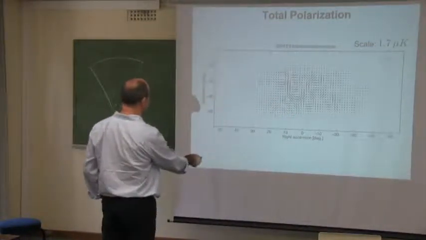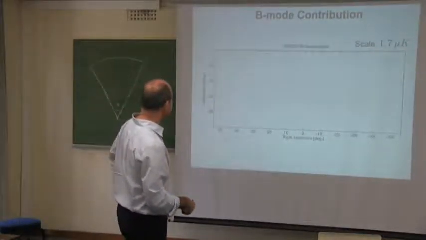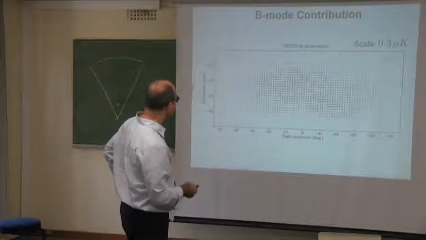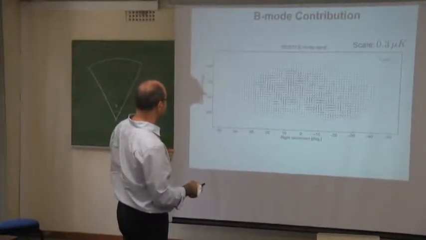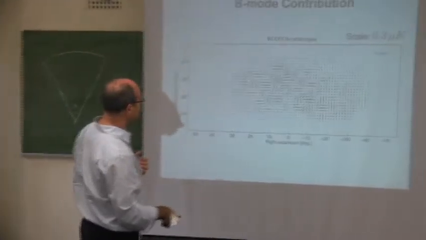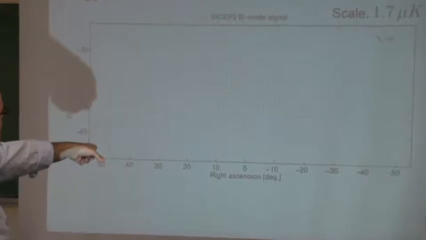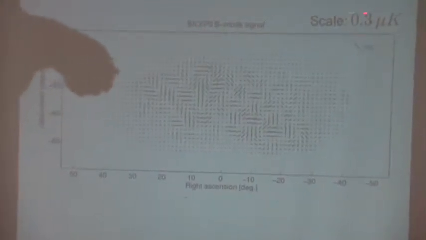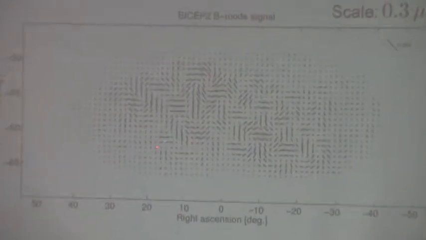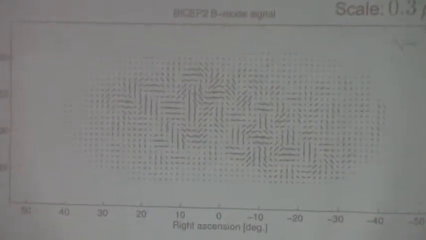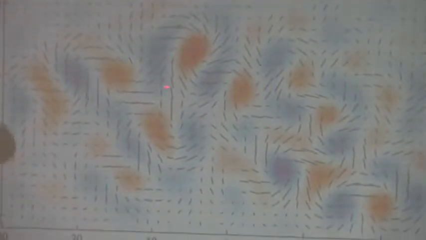This is the radial, tangential. So if we take out the E mode and take away this gradient component and multiply this, you see, at 1.7, you almost see no B mode signal. Then you go and increase it, have a high resolution, 0.3, then you start seeing the curl component. Okay? So, a nicer picture is this one. We see the hot and cold spots.